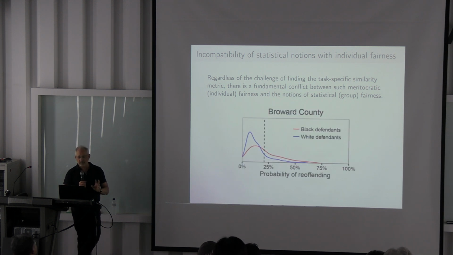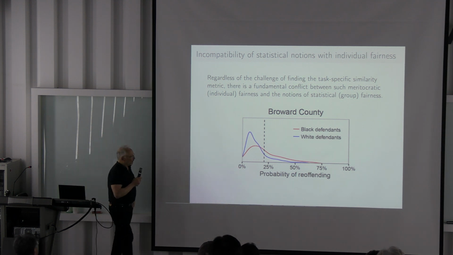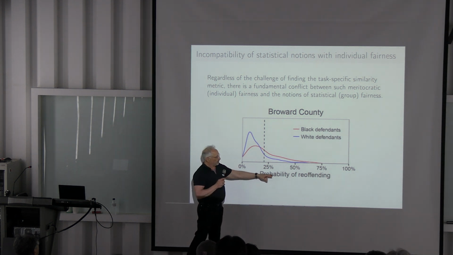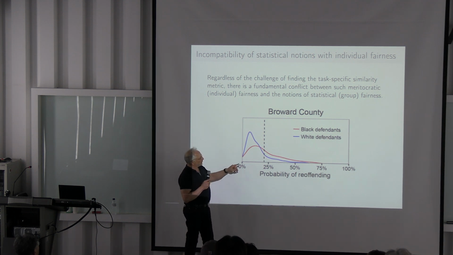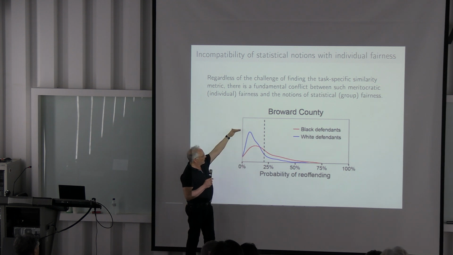So this is real data. This is real data in some county in California. And what we have here is the histogram of the probability of reoffending of people that appear in court. So what we look at here is that for white offenders, you look at the probability of reoffending, and the height here is how many are reoffending, right?